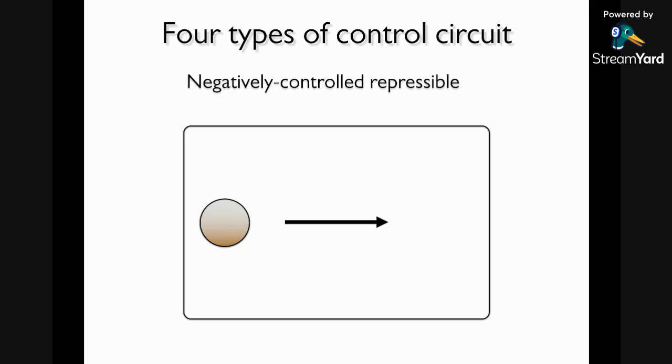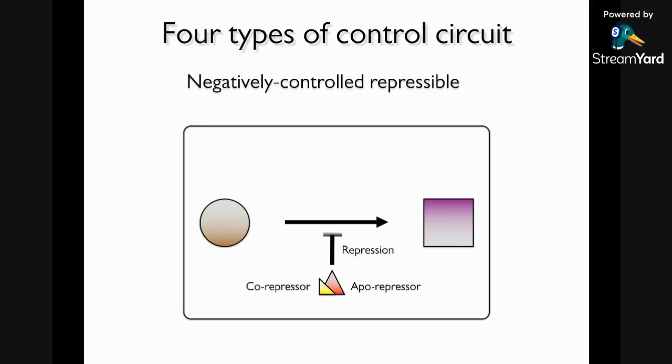It should have reappeared. Okay, the next two are positively controlled circuits. But I'm just going to go back to this one, just to confirm, if I get this back up again, here we go. Why is this one repressible and the first one inducible?